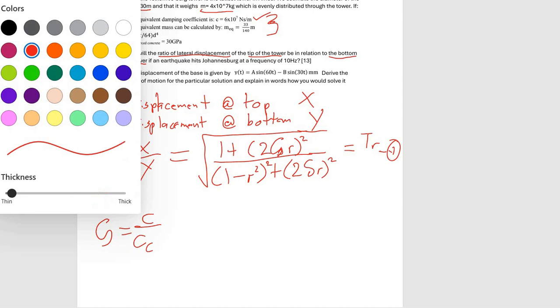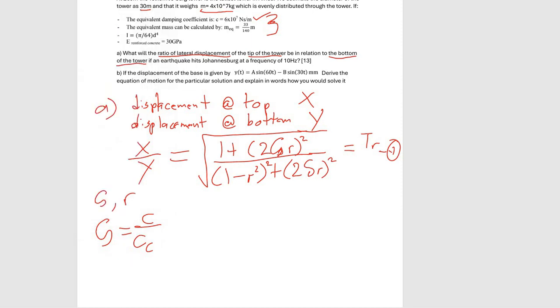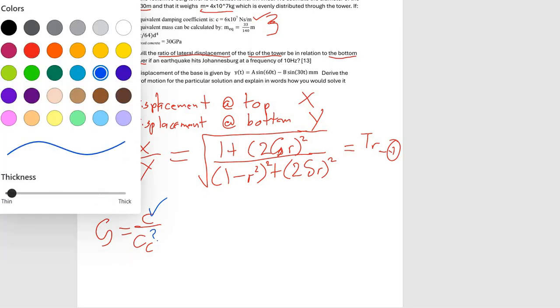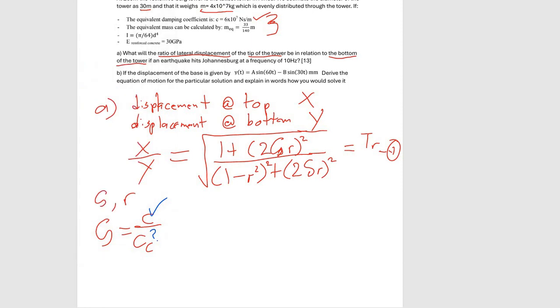So we know that, if I can just highlight this, the damping coefficient, this we do have, right? But we don't have the critical damping ratio. So we must go on and find what is the critical damping ratio. Okay, so what I'm going to do, I'm just going to box it here. Okay, so what do we know about the formula for the critical damping coefficient?